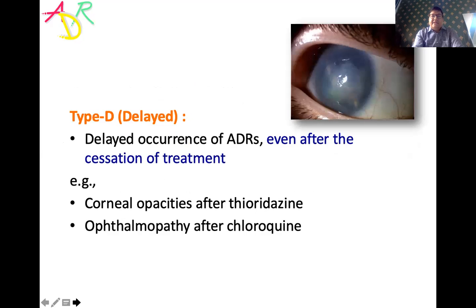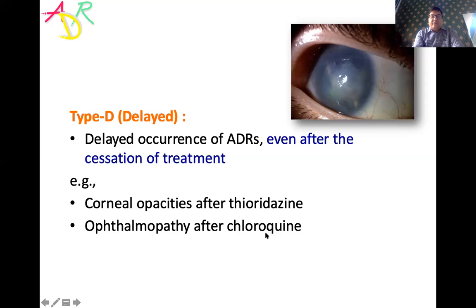Then type D is the delayed one, which occurs even after the cessation of the drug. Suppose we have taken a drug for a long duration and then we have stopped, and these ADRs occur after some certain period of the stoppage of those drugs. Such ADRs are known as type D or the delayed one.